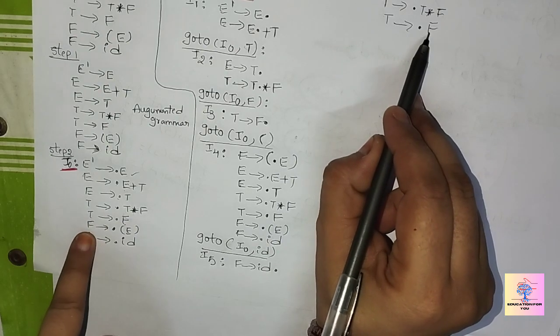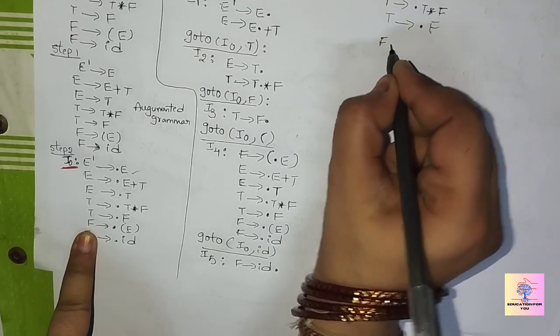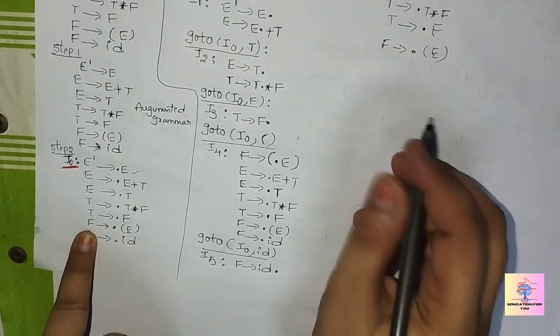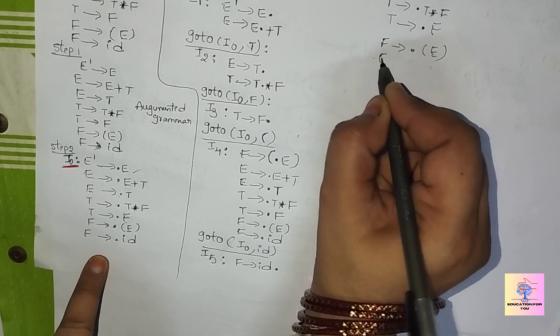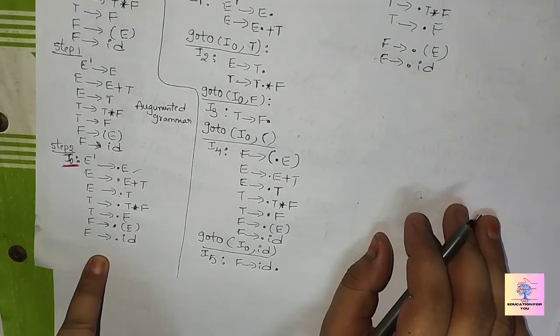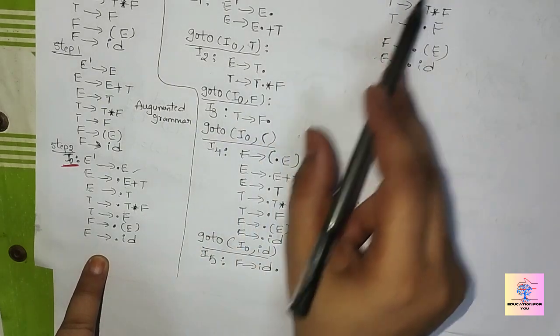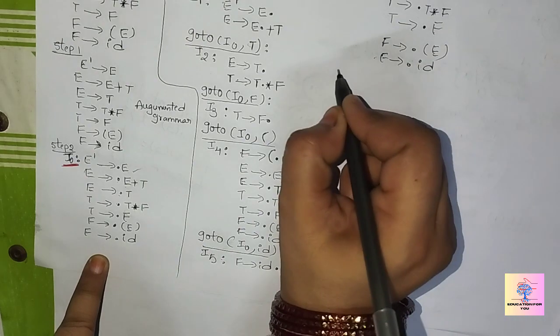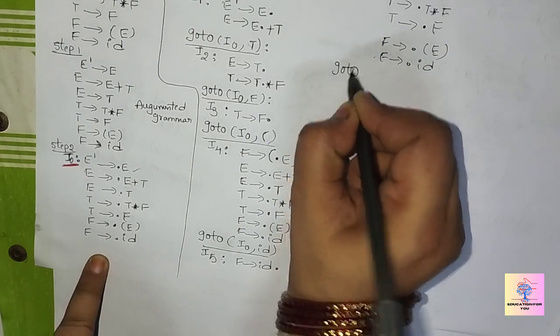You have to introduce the F productions also. So F is going to produce dot open parenthesis E closed parenthesis. Next is F is going to produce dot ID. So for plus it is over. You wrote everything. So go to I1 is over.